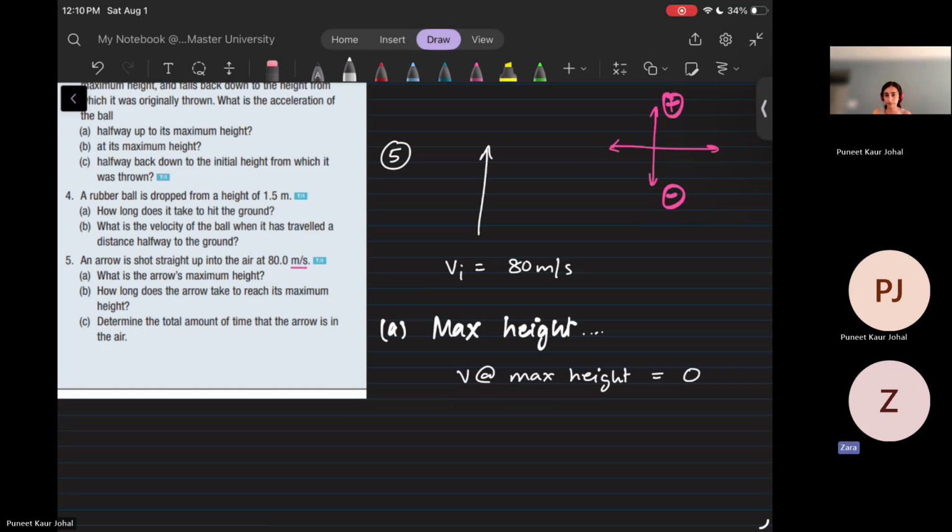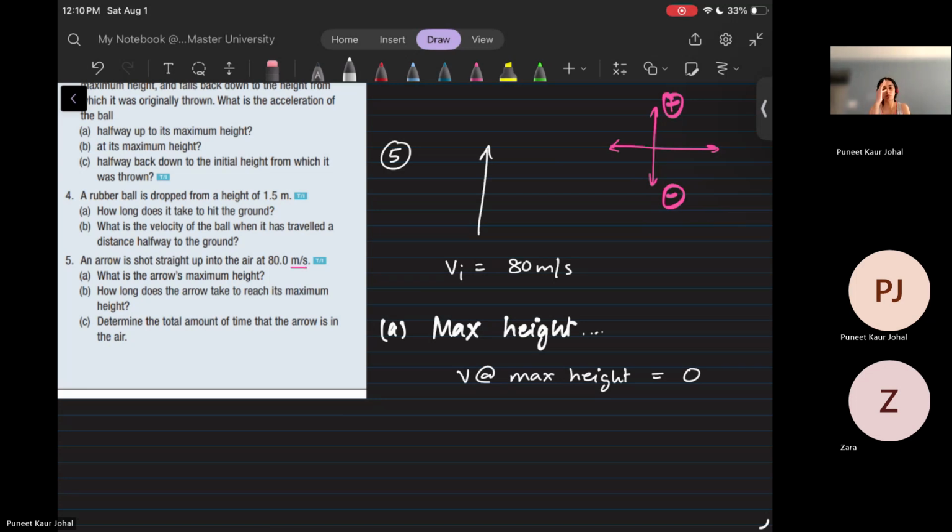Zero. Yes, 100%. It is zero. So you throw it at 80 meters per second, it goes and slows down, goes to zero. Only when it goes to zero can gravity start pulling it down. And then from zero, it slowly increases its speed.